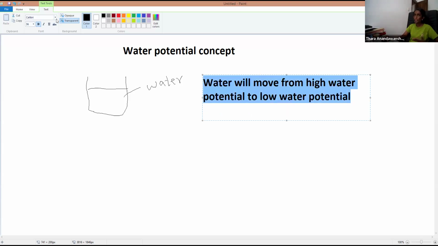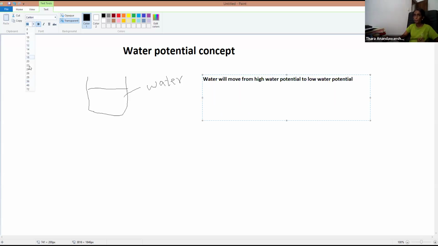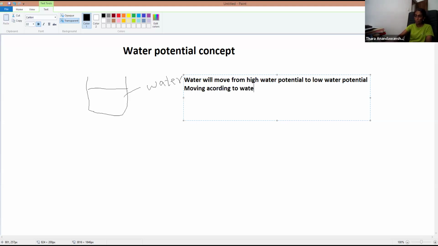Like in diffusion, substances move from high concentration to low concentration. So here also water is always moving from higher water potential to lower water potential. So it is going according to a gradient, the water potential gradient.